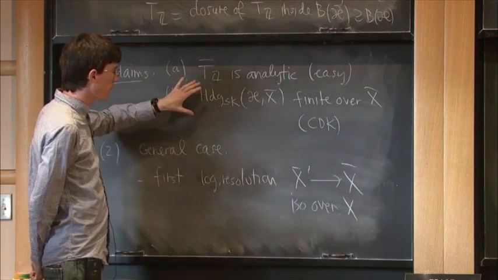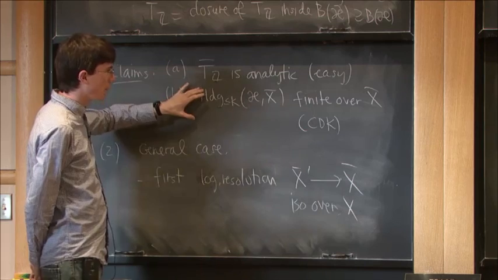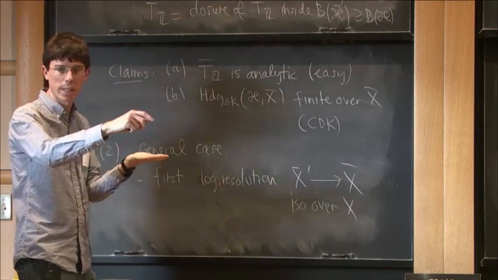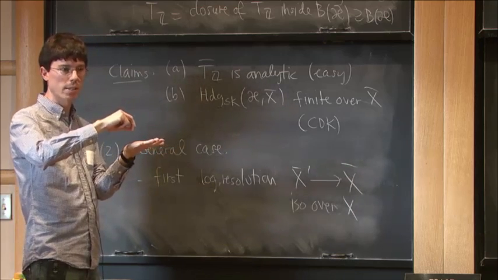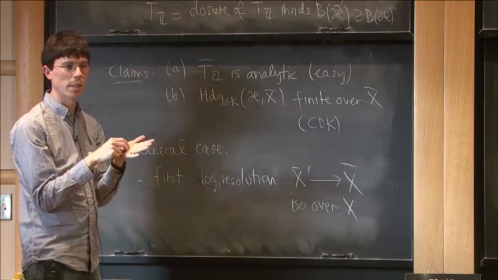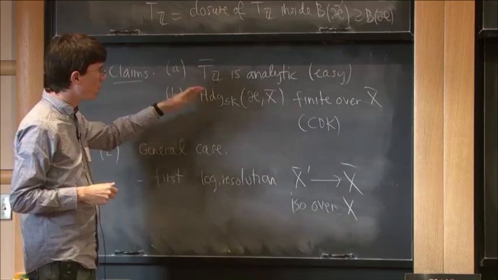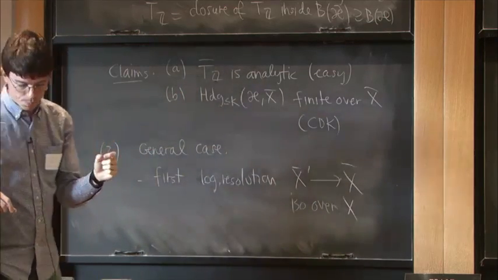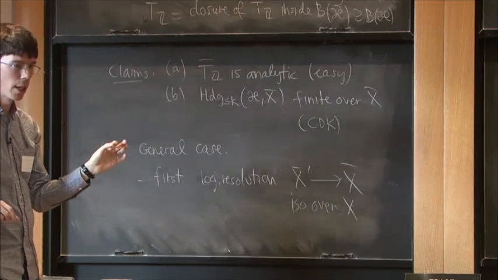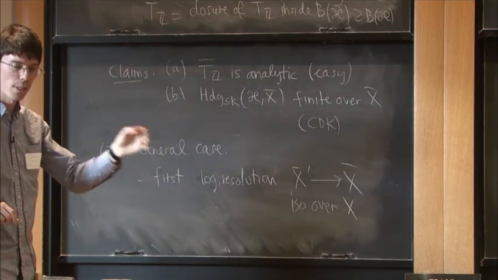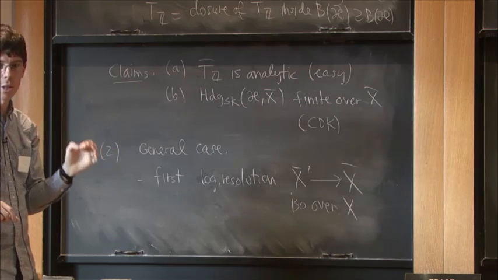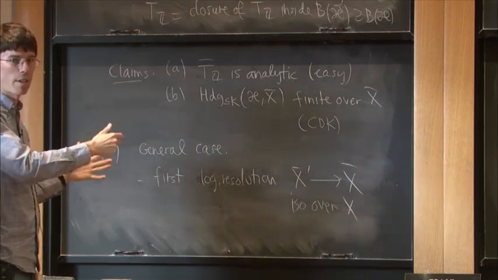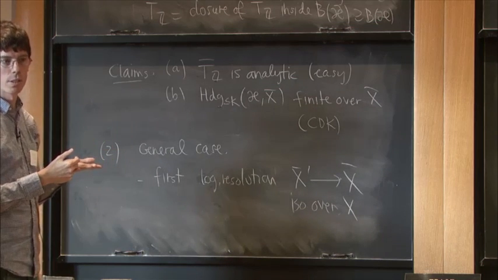For the part that lies over X, it follows from Cattani-Deligne-Kaplan, right? For every component that has some part lying over X, Cattani-Deligne-Kaplan will tell you it extends finitely and properly. So the question is just, what about the stuff that lives entirely over the boundary? It turns out that if you have a limit Hodge class, it will of course not come from actual Hodge classes in your actual variation. But if you're willing to replace your variation by some other variation, it will come from Hodge classes.